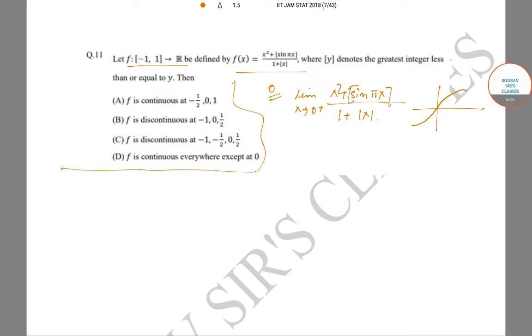As x goes to 0 from the positive side, pi x also goes to 0 from the positive side. So the box of sine pi x is also 0, and x square and mod x always go to 0. So limit as x goes to 0 positive f(x) is equal to 0.